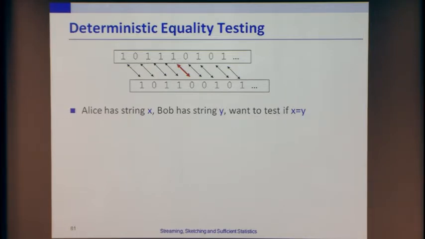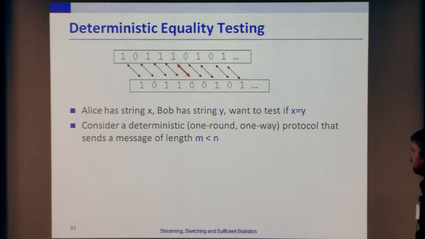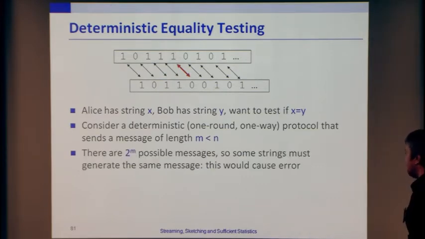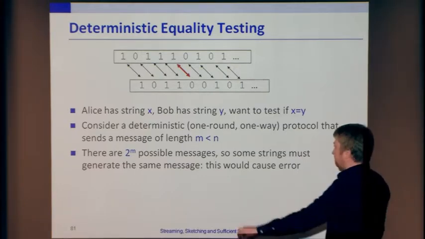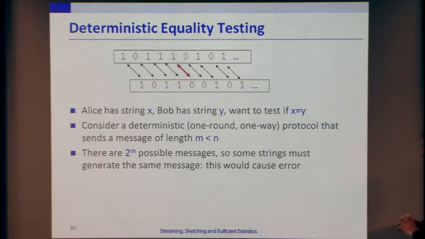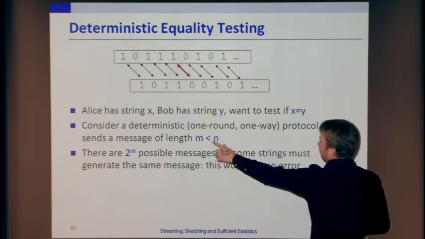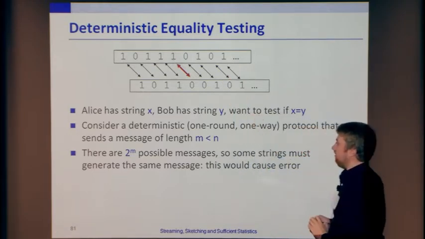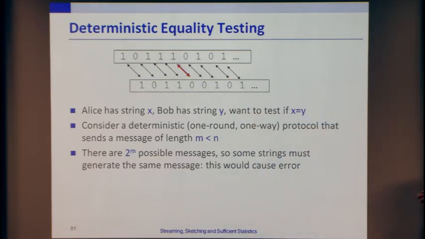Okay, so a quick warm-up just to check that we're on the same page here. If Alice has a string x, Bob has a string y, and they just want to test if x equals y, then just by a counting argument, if we think of a one-way communication protocol that sends a message any smaller than n, the number of bits in these strings, we're going to hit a problem because we're going to have two messages that correspond to different inputs.